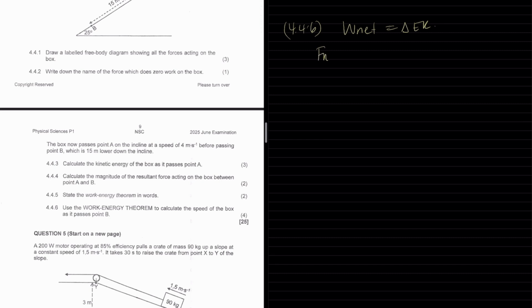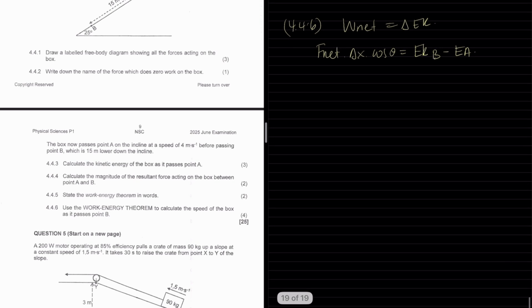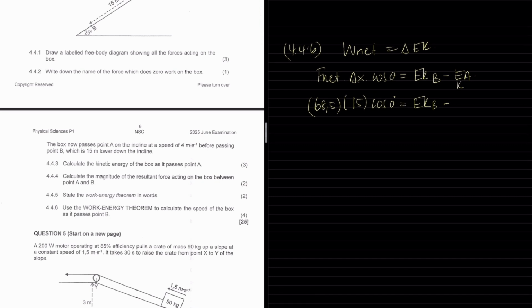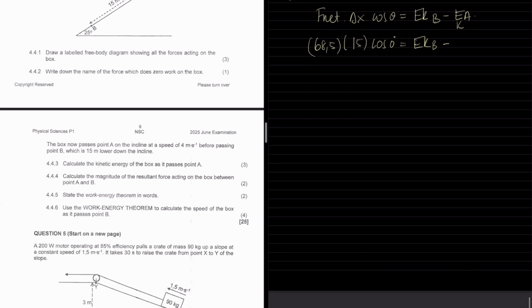So W net can be rewritten as F net times delta x times cos theta, and that's going to equal EK at B minus EK at A. F net we know is 68.5, the box travels 15 meters, and it's going to be cos of 0, since we chose down as positive, and F net is down anyway. That's going to equal the EK at B minus the EK at A. We worked out the EK at A as 480.